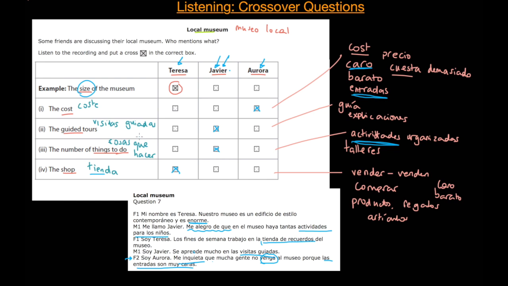It does not matter. Focus on what you need to understand for the question. I hope this makes sense. I hope you feel like, all right, I think I can do it. But in order to do that, it's essential that you've revised all this vocabulary and that you can come up with something like this by yourselves.